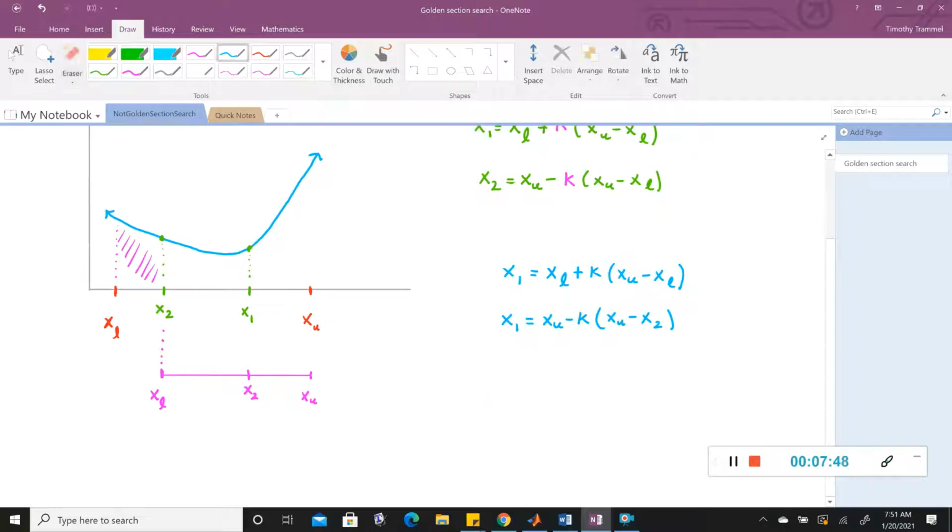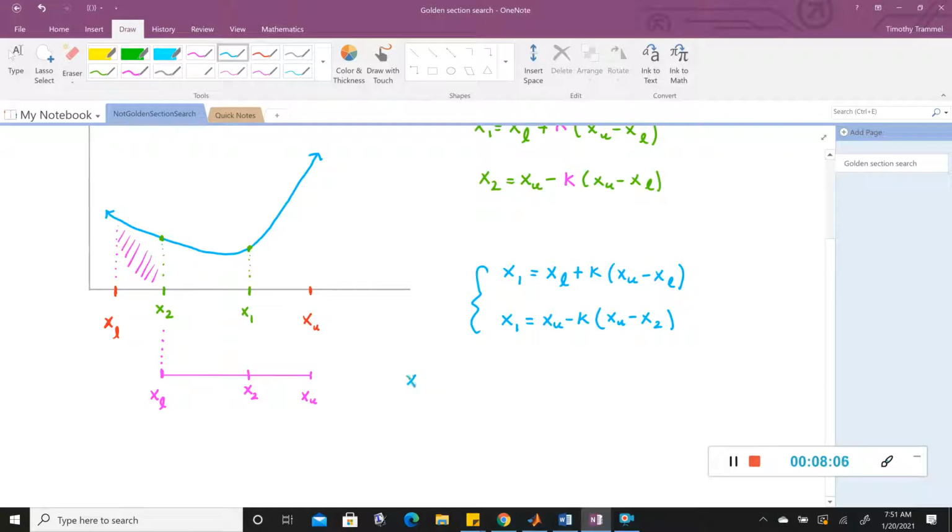Well, there are our equations. Let's set them equal to each other. We'll eventually come up here and use our equation for x2 at some point, because it will get in our way, but it's going to make things messy if we insert it right away. Let's set these equal.